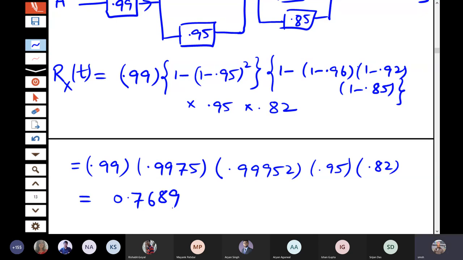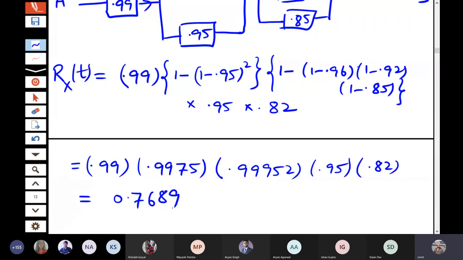Although the individual component reliabilities are quite high, 0.99, 0.95, 0.96, 0.92, etc., the overall system reliability has become much less. It is just 0.7689, nearly 77% reliability.